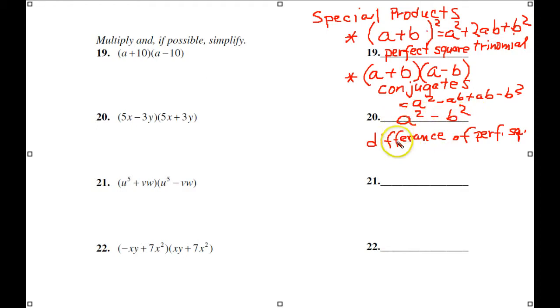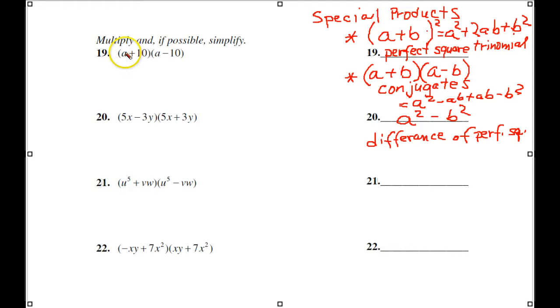And this, you recall from our matching at the beginning, was called difference of perfect squares. What's the key here? If you have the difference of perfect squares, they will factor into its conjugates. And if you recognize you are multiplying conjugates, you know you're going to get the difference of perfect squares. The middle terms cancel out.